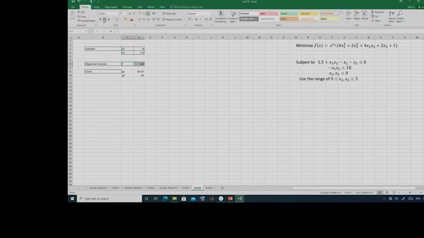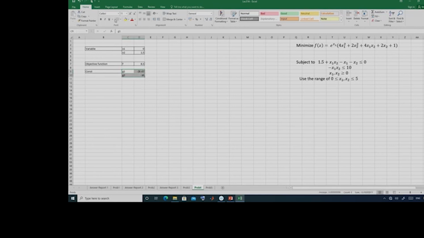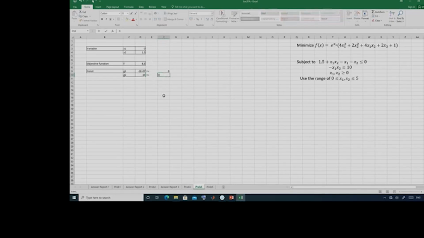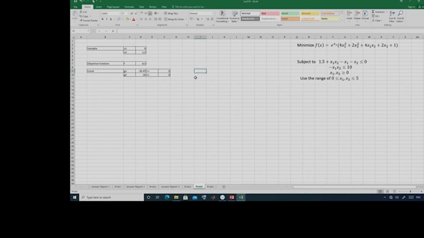This is the objective function I have defined, and these are the constraints, and constraints are of less than equality type. That means, this is less than equal to 0 and this is also less than equal to 0.